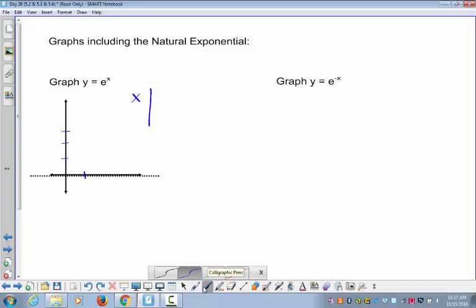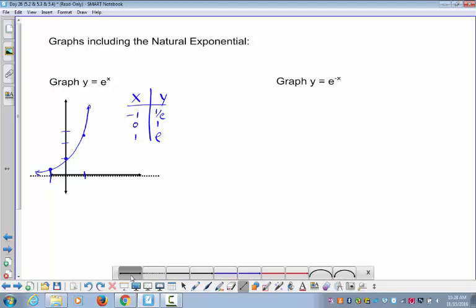So we do our chart, -1, 0, 1, plug that in, we get 1 over e, which is about a third. So at -1, we're at about a third. At 0, 1, and at 1, e. e is 2.7-ish. So that's the natural exponential, e to the x.